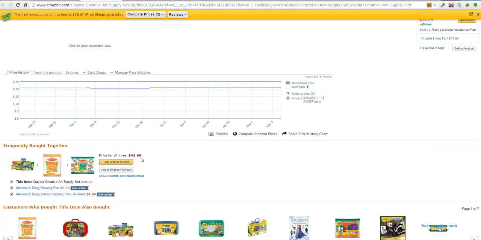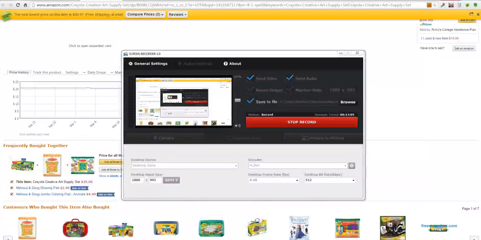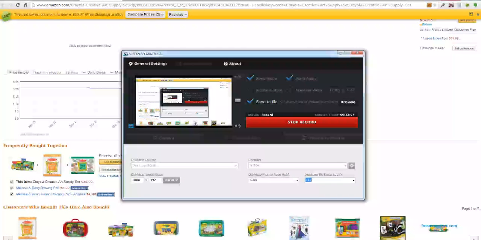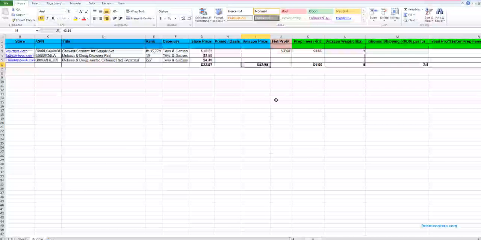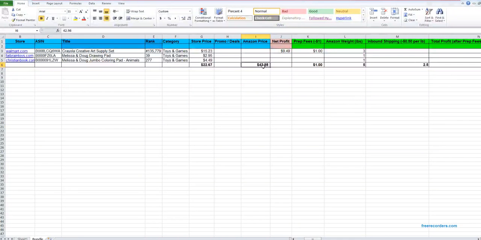As I said before, they don't want to spend a lot of time looking for items, so they're happy to just pay a bit more. So it could be $50, $49.99 or something like that. But for the purposes of this exercise, we'll just use the $42.98 as the Amazon selling price.